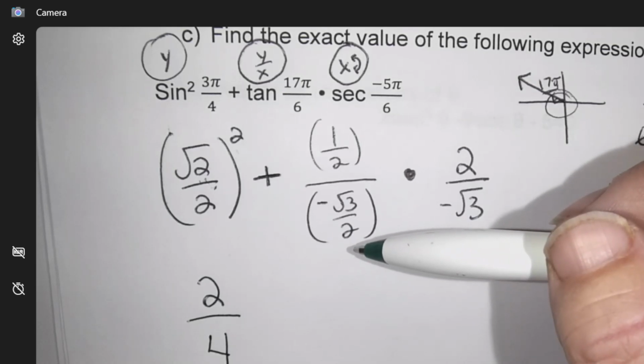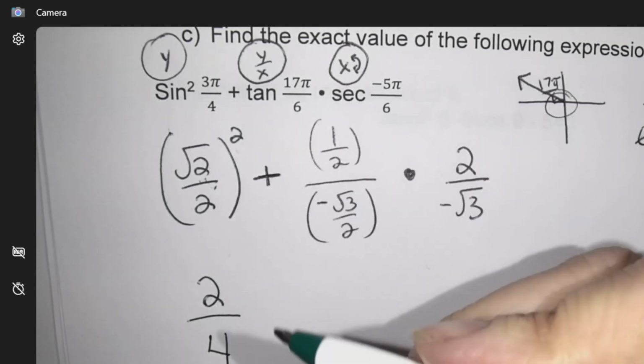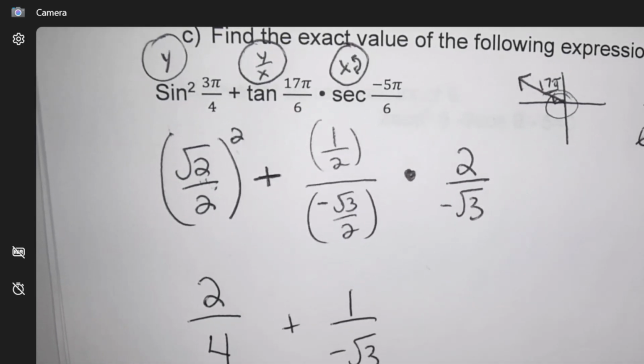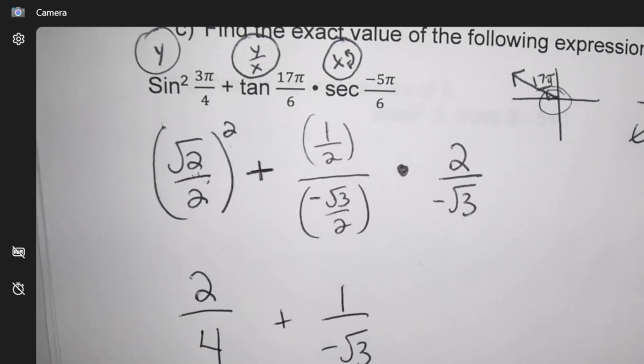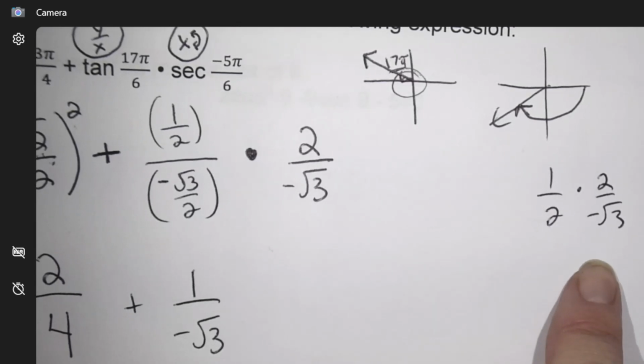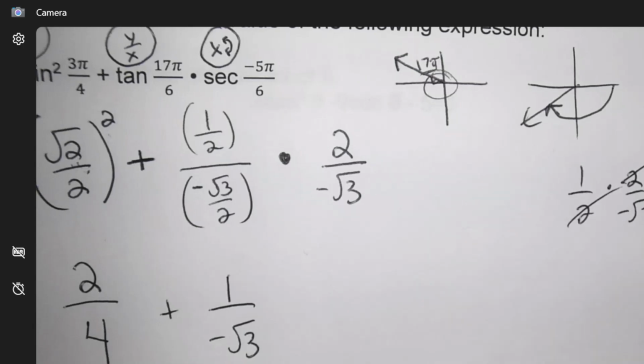Does anybody know just what happens? 2's cancel. Okay, so I'm going to times flip. The 2's cancel. If you don't see it, here's me working it out. Times flip. 2's, that will always be the case.